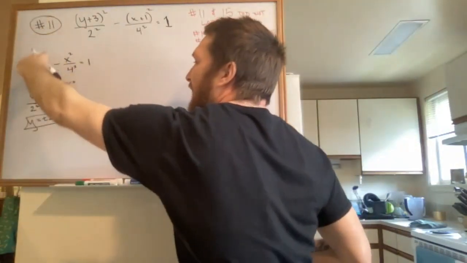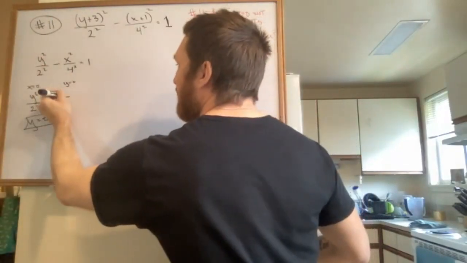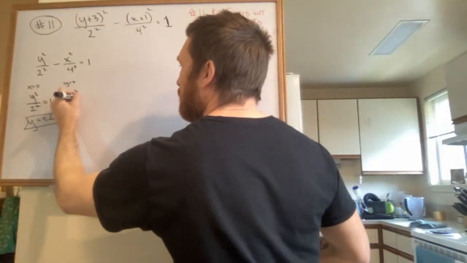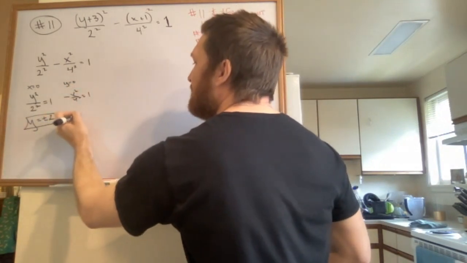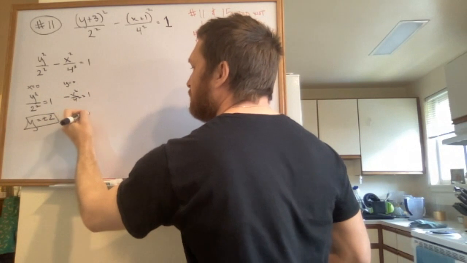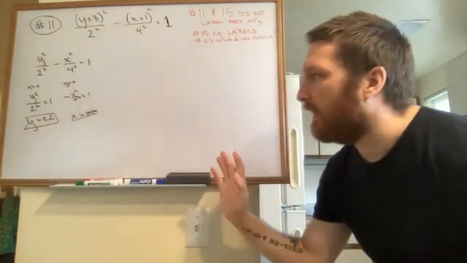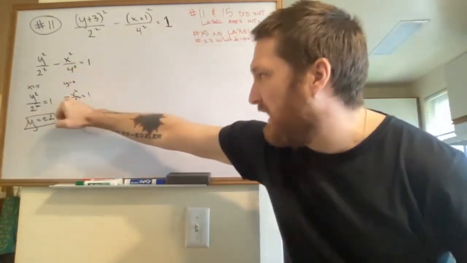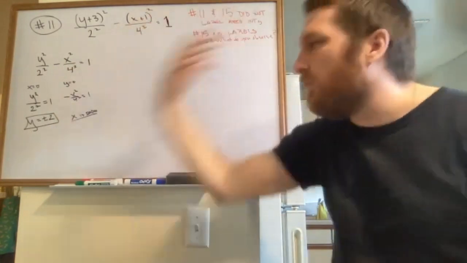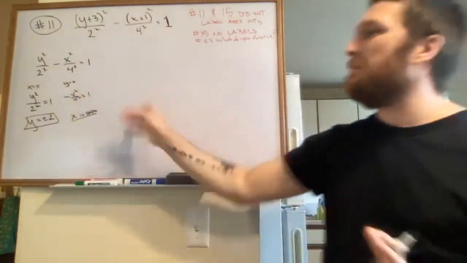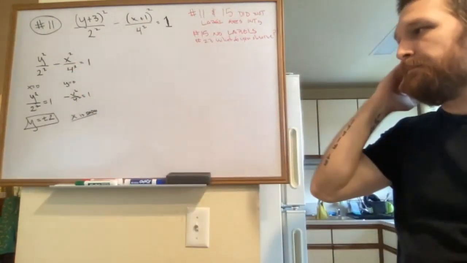That would make that entire thing drop down to 0 or just go away, and I would be left with negative x squared over 4 squared equals 1, which means that x is imaginary. And so we could forget about it, because the negative right there, we bring the 4 squared up as a negative. Take a square root of a negative, you get an imaginary number. So that means it does not go through the x-axis.